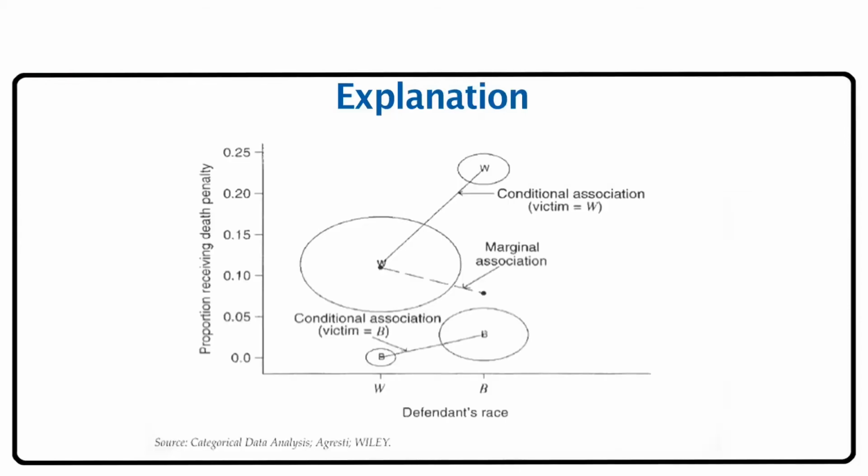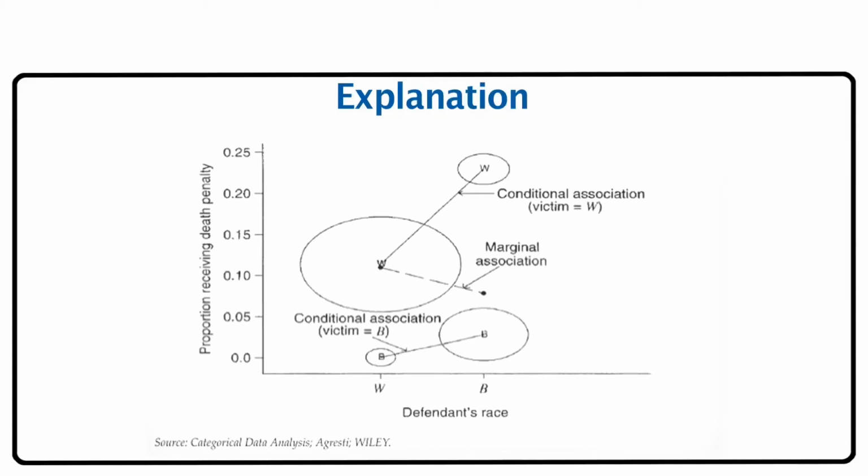Agresti has further tried to explain this diagrammatically in his book on categorical data analysis. So on the x-axis, I have 2 points, 2 locations, depending on the race of the defendant. On the y-axis, I have plotted the proportion receiving the death penalty.